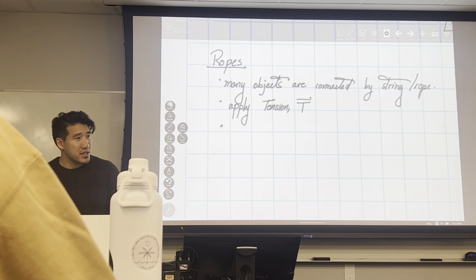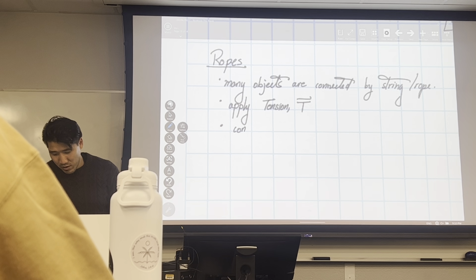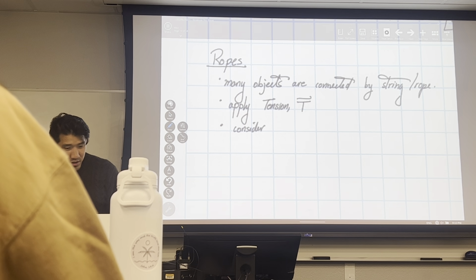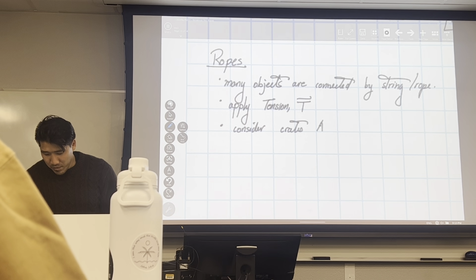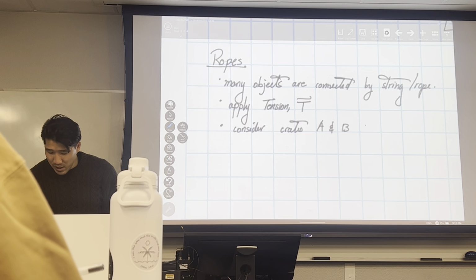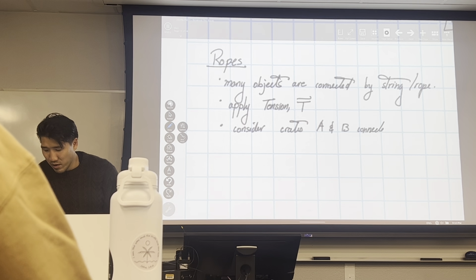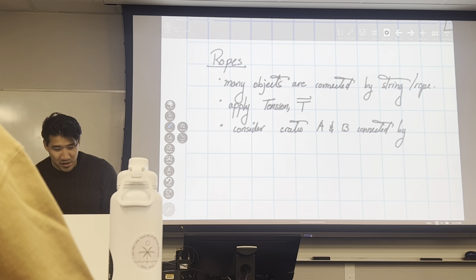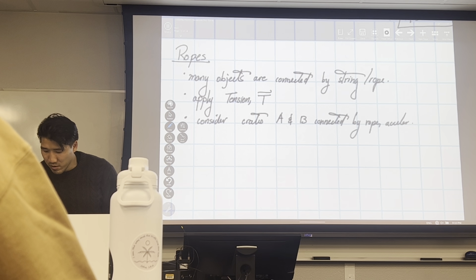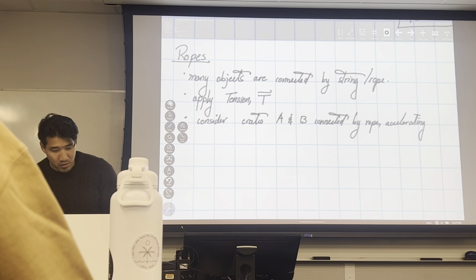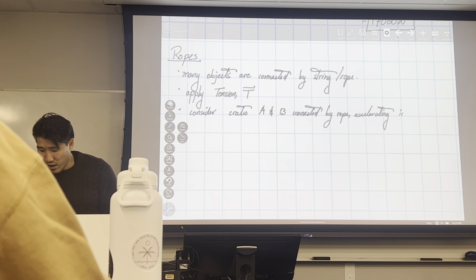So let's do a simple thought experiment. Consider crates A and B connected by rope, and they are accelerating in the x direction.